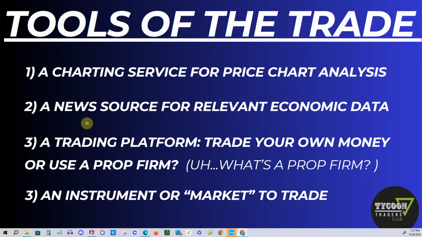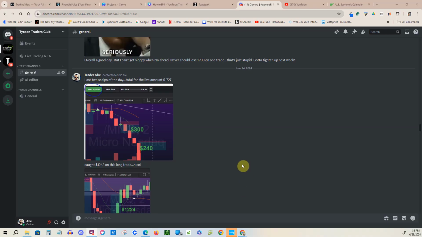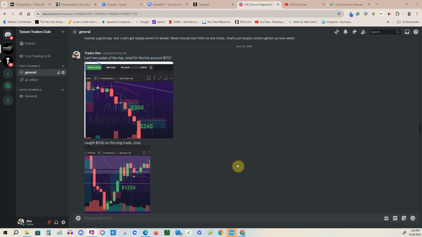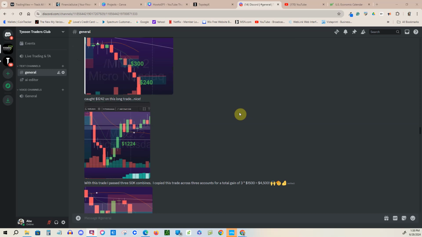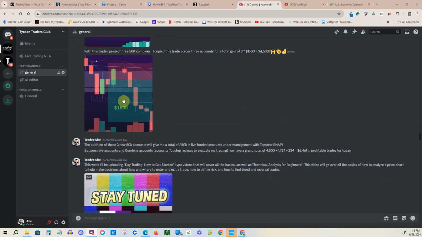Yes, it's a little bit of money, but let's take a look at the Tycoon Traders Discord. It's a little bit of money a month. But if you learn how to do this, and make the investment and take the time to learn, with day trading, the amount of money that you can earn is literally limitless. So these are a few trades earlier in the week, $1,500.